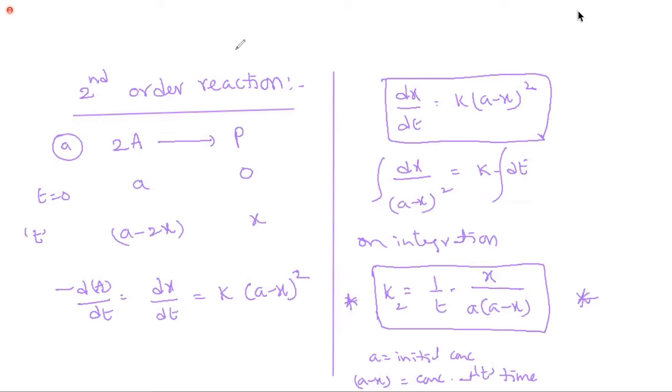If there are two different reactants, how will the reaction be? If two reactants A plus B give rise to product, at T0 time this is A, this is B, and the product is 0. Now at time T, what will it be?